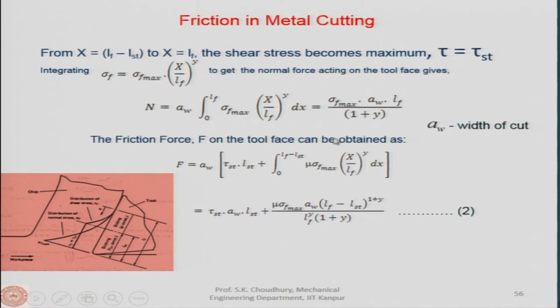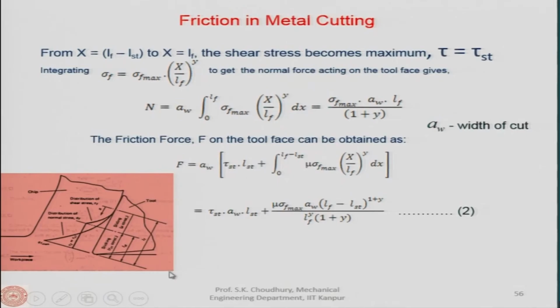Then we couple them together, summing them up, and we get the friction force. That is, we are integrating the area under the entire curve of tau, from here to here and from here to here.